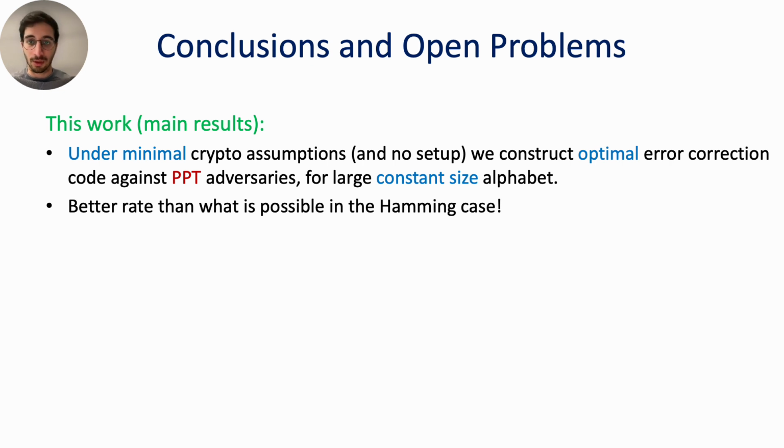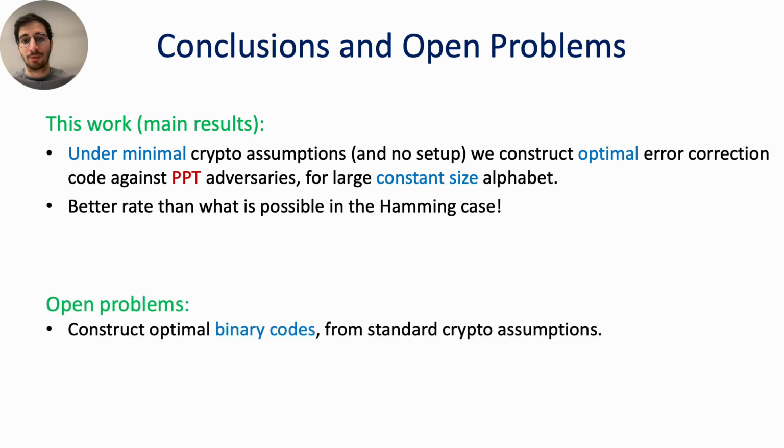So if you're interested in better codes than what's possible for Hamming channels or for information theoretical adversaries, and you're actually interested in sending information from one place to another or storing information, then it makes sense for us to consider this relaxation, because this essentially captures all feasible scenarios you can think of.